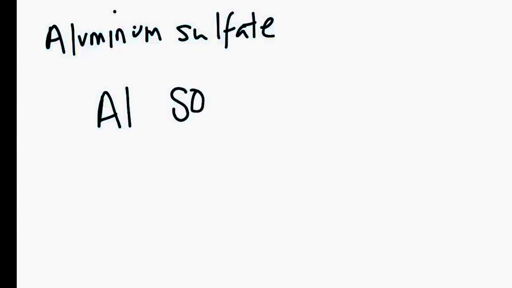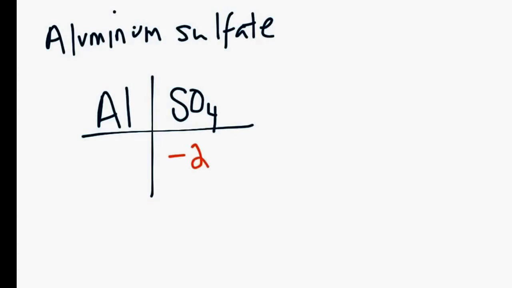Example number 1. Aluminum sulfate. So aluminum is Al, sulfate is SO4. Now, the charge on sulfate is -2, charge on aluminum is +3. So these numbers don't go into each other, but they both go into 6.